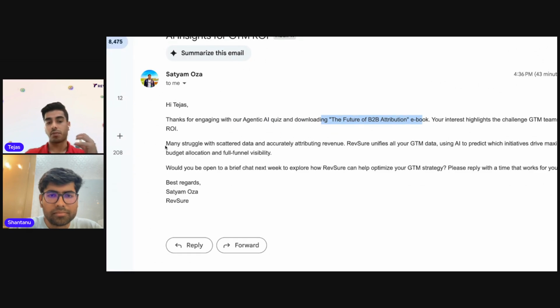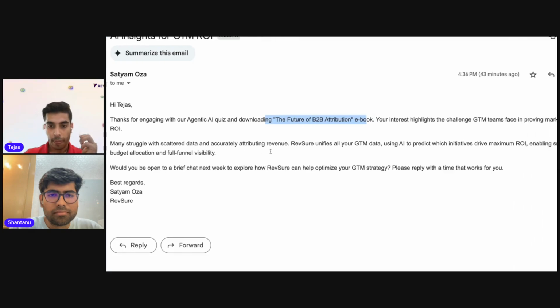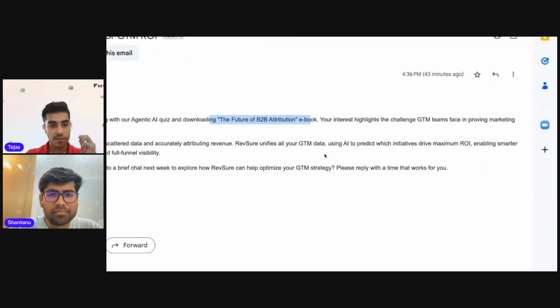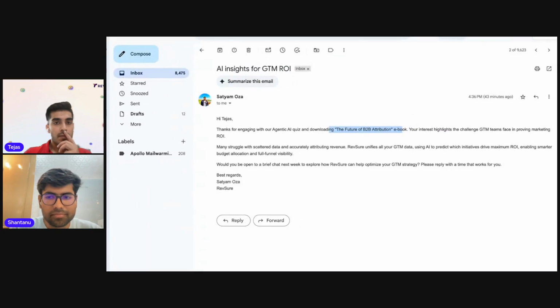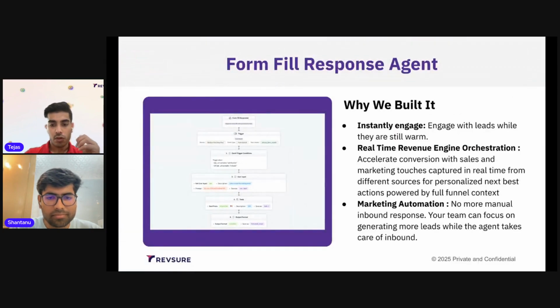And it's framed a problem statement based on the interactions that I've made. So, this is why we call it real-time revenue orchestration. Every inbound form is no longer a passive capture, but an active, personalized touch point that accelerates pipeline.